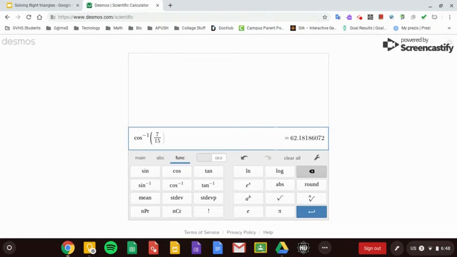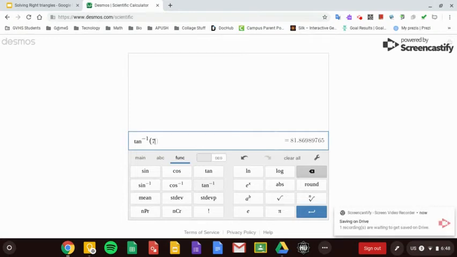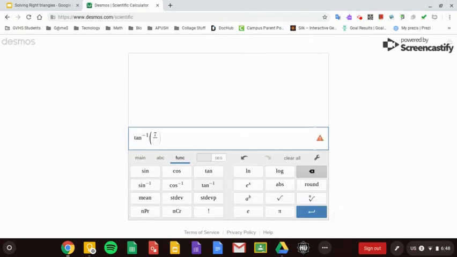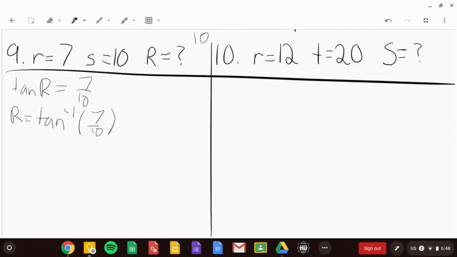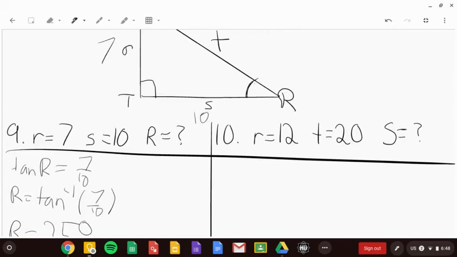When we put that in our calculator, we get about 35 degrees. So r equals 35 degrees. There you go.